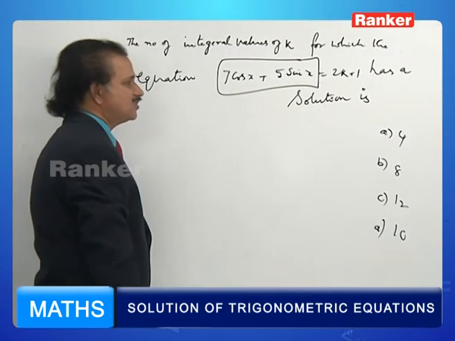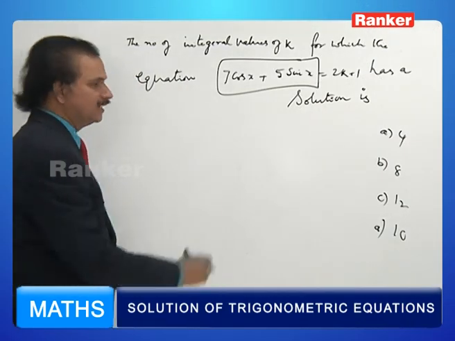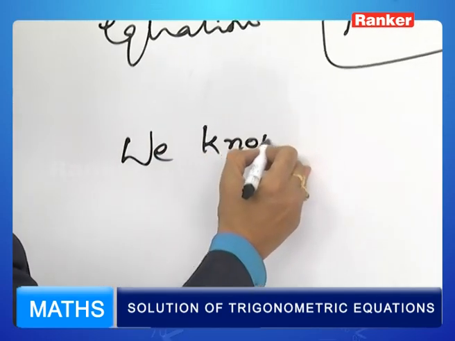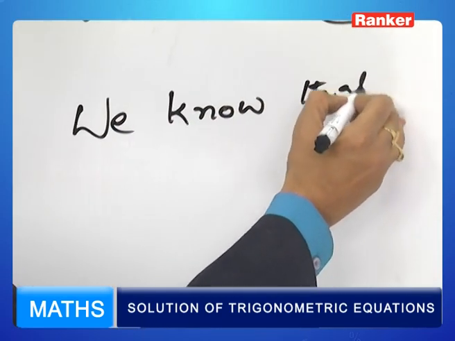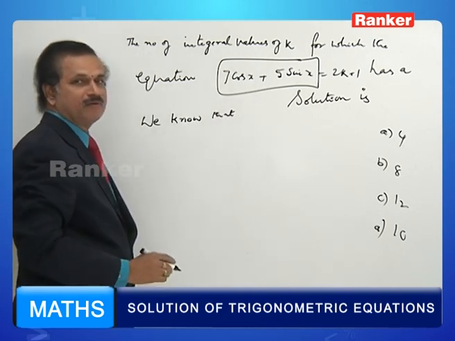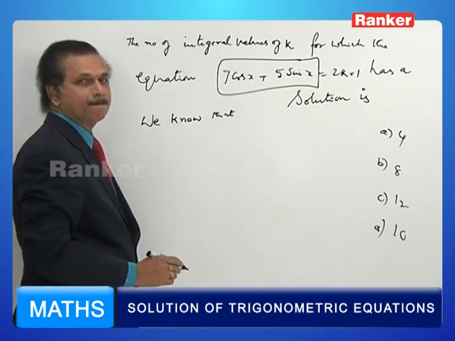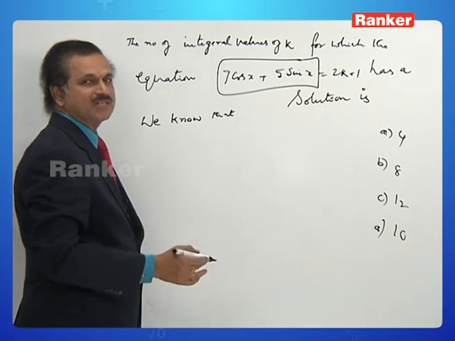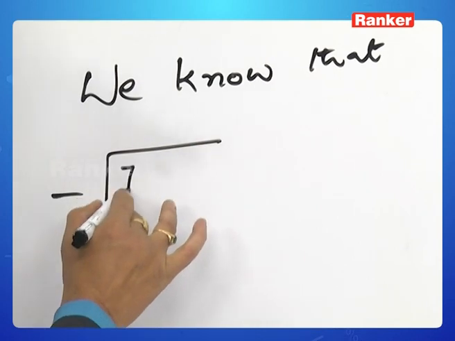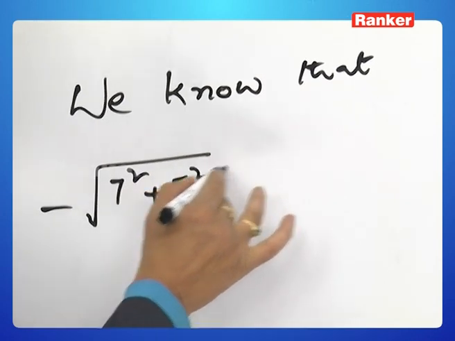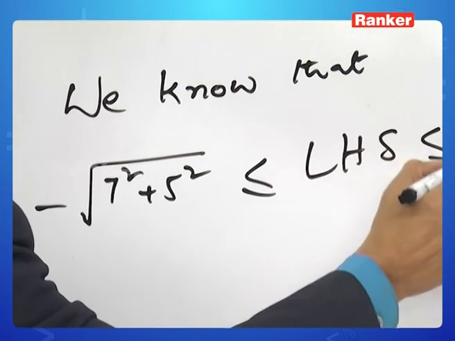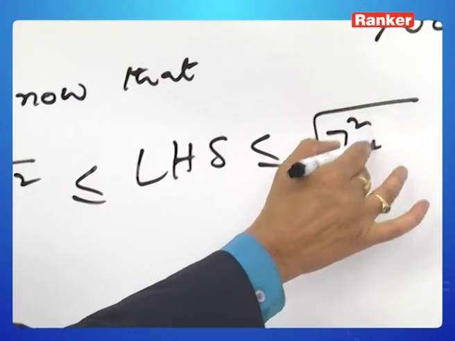Let us first of all observe the left hand side. What is 7 cos x plus 5 sin x? What is the range of this? I think you might have remembered minus root of a square plus b square to plus root of a square plus b square. That is minus root of 7 square plus 5 square less than or equal to LHS less than or equal to root of 7 square plus 5 square.